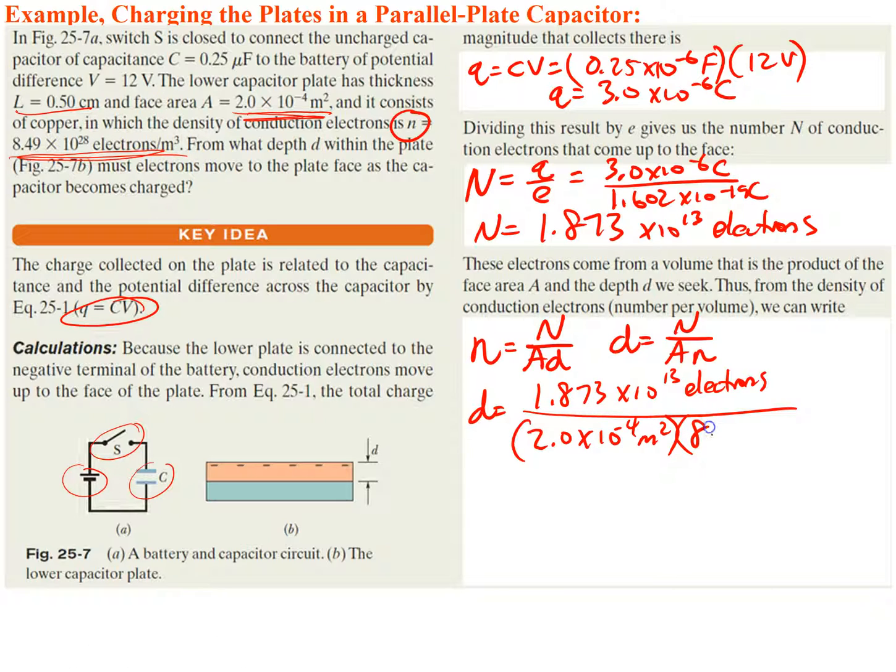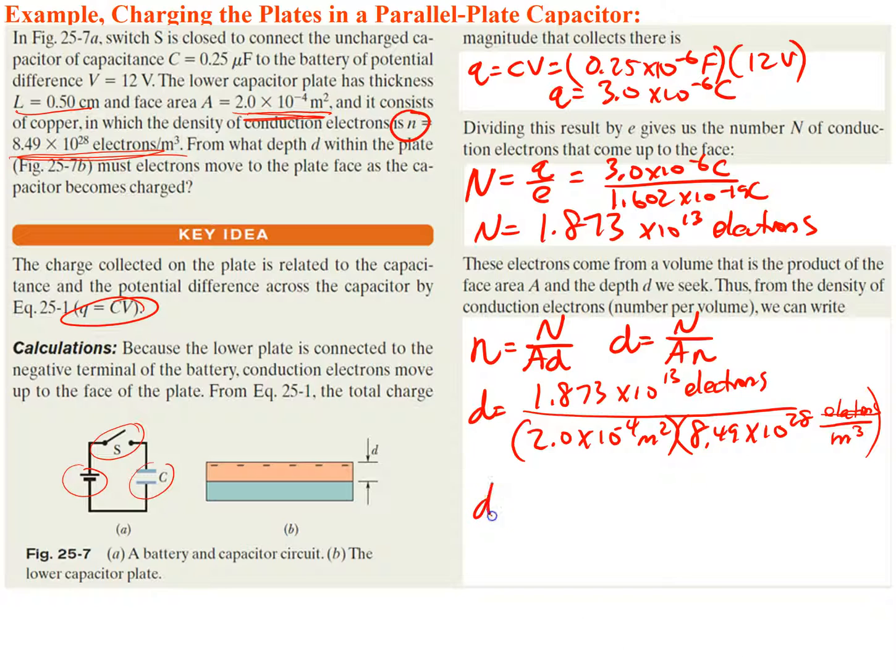So that is 8.49 times 10 to the 28, and the unit for that is electrons per meter cubed.